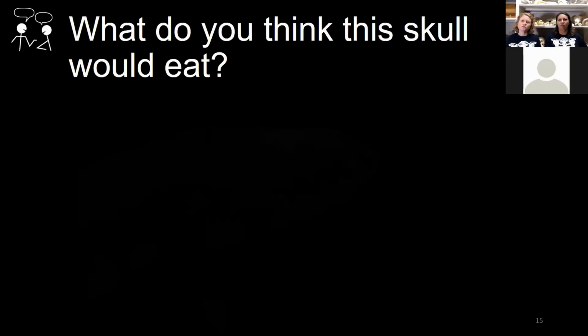Yeah. So let's go ahead and look at our second animal skull that we were looking at earlier. What do we notice about this animal?